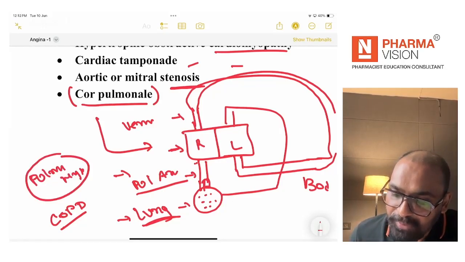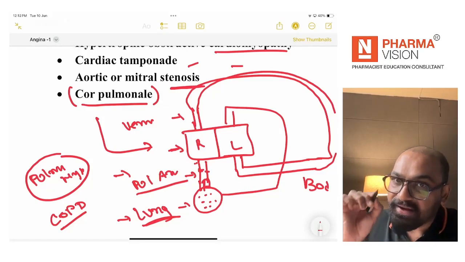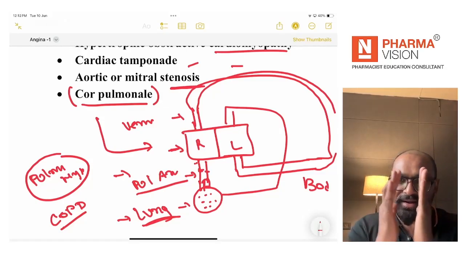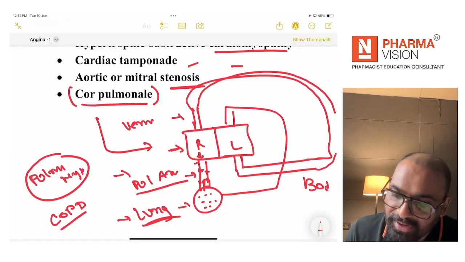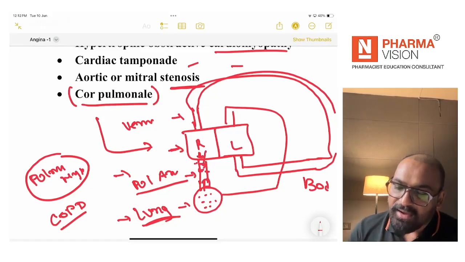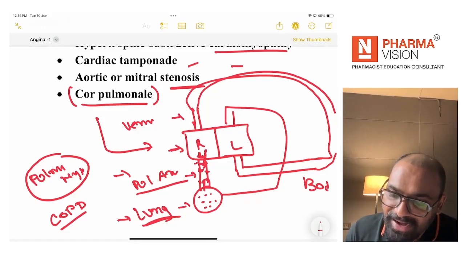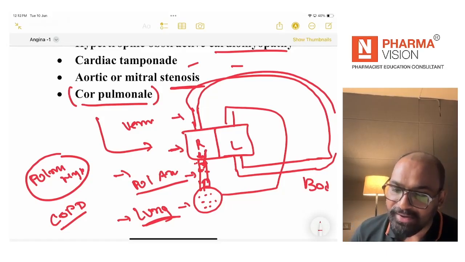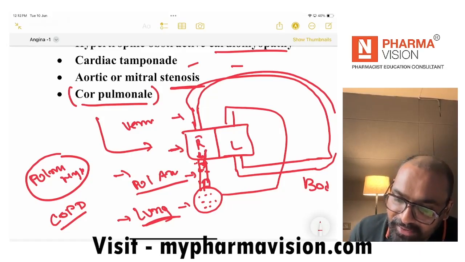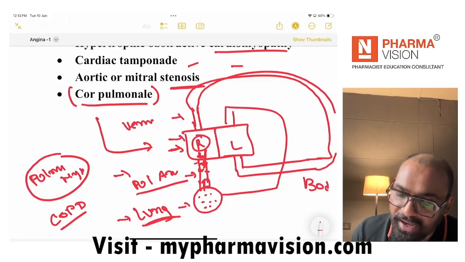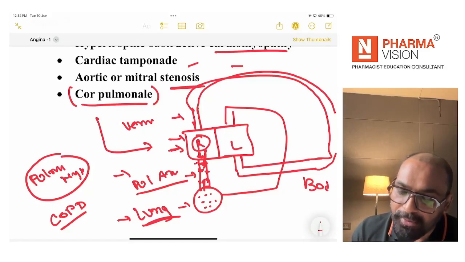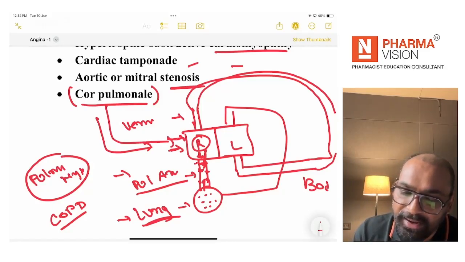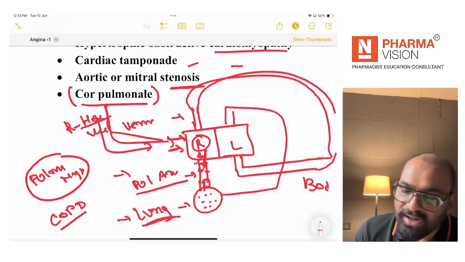If the pulmonary artery is narrowed down, it requires more pressure from the right ventricle to push the fluid out from the right ventricle to the pulmonary artery. Over a period of time, the right ventricle becomes hypertrophied and is unable to pump. That is called cor pulmonale. Okay, right heart, specifically ventricular failure.